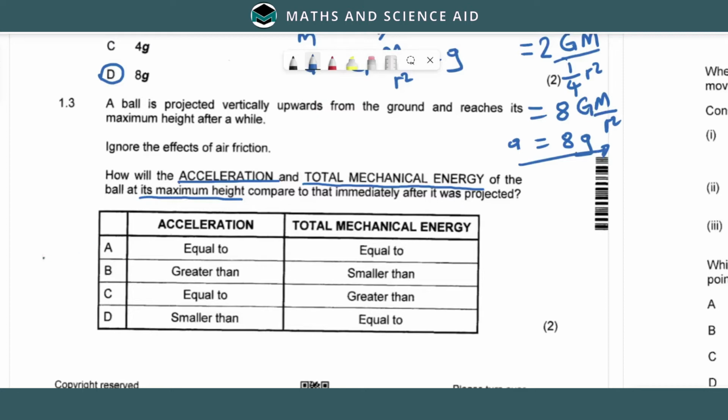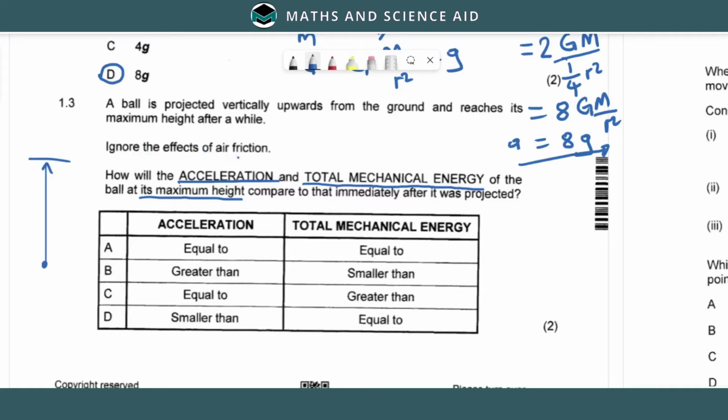So let's say the ball was projected from here, and then after a while it will reach its maximum height there. What will be the acceleration there compared to the acceleration immediately after it was projected? For the acceleration, it's simple because we ignore the effects of air friction.